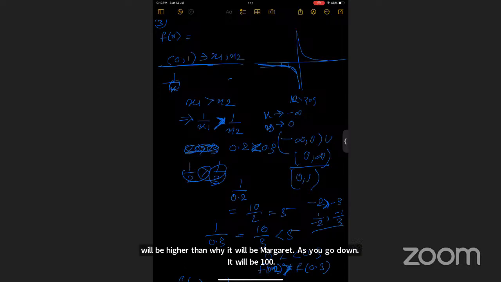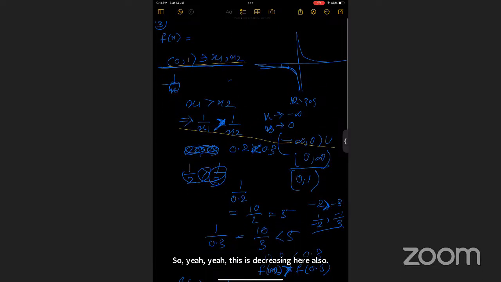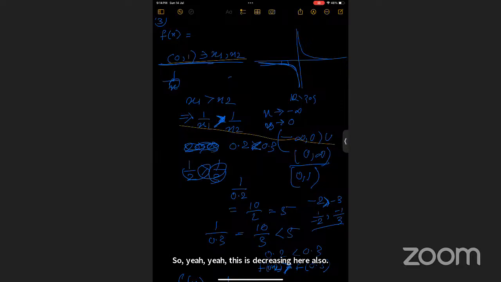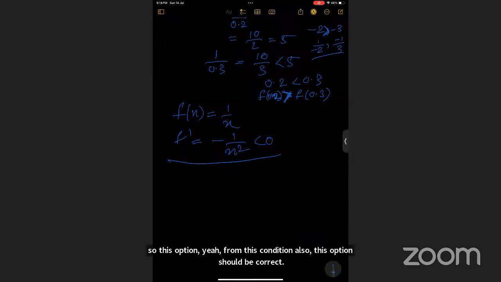So this is decreasing here also. Okay, so from this condition also this option should be correct. I don't know why it is given wrong here.